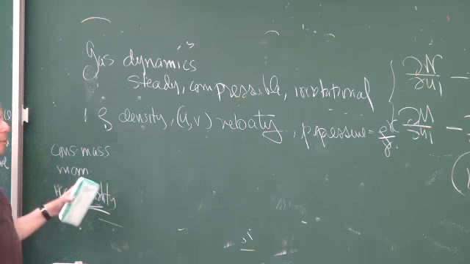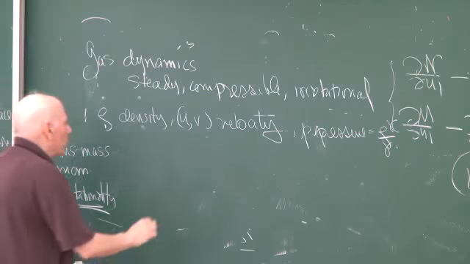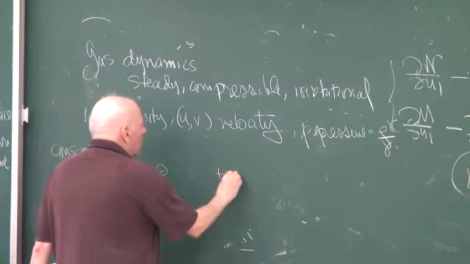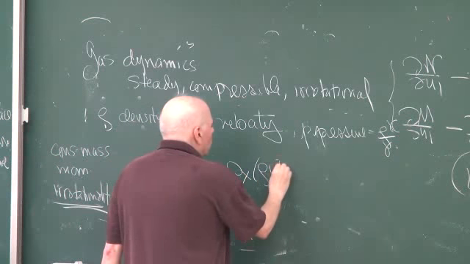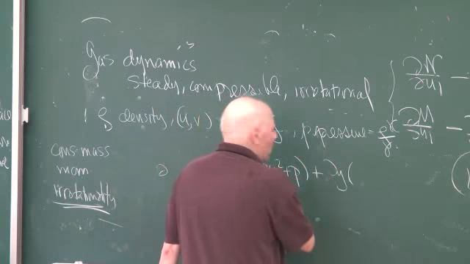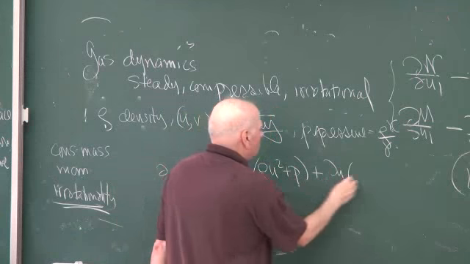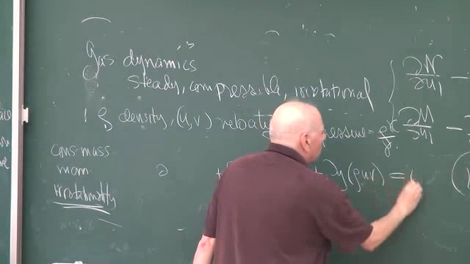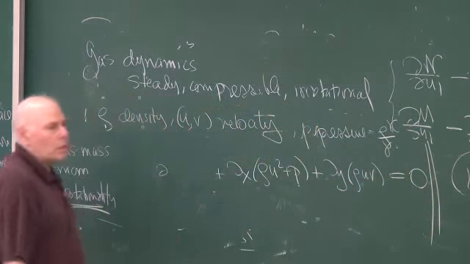Okay, since time is running short, let's do momentum right away. So what's conservation of momentum? Conservation of momentum, if there was acceleration, but there isn't, would be d dx of rho u squared plus p, plus d dy of rho uv, if I use x and y as the two variables, equals 0, if there are no forcing terms.